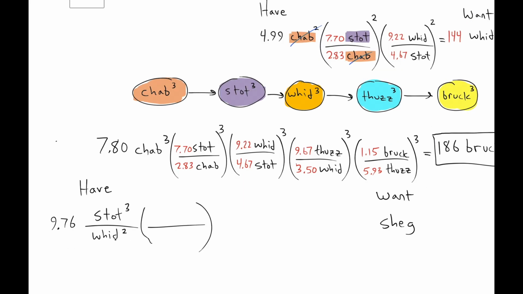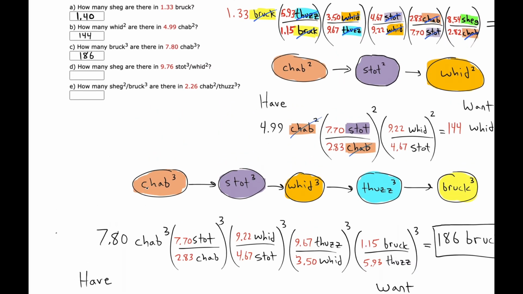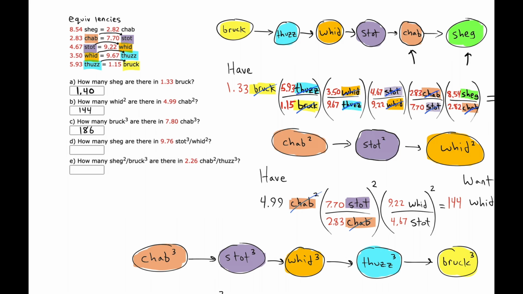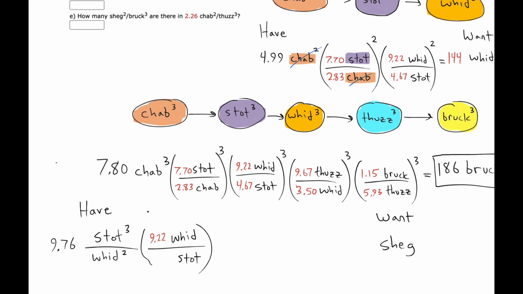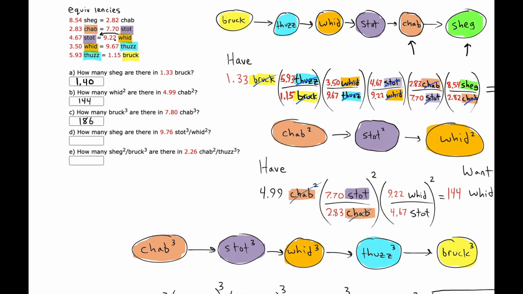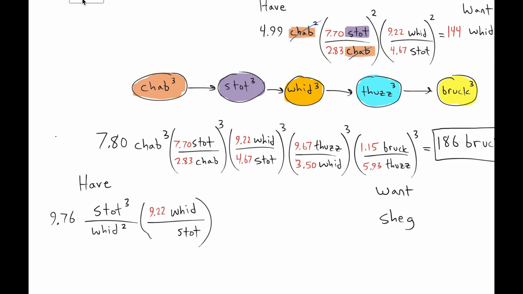So I'm actually going to put the wid on top this time because we want wid below to cancel with wid above. And let's see if we can go directly from wid to stat. Right here, we'll be able to go from wid to stat. So 9.22 goes with 4.67.